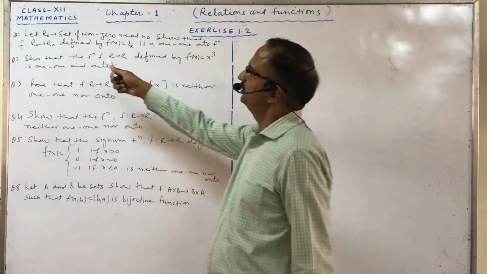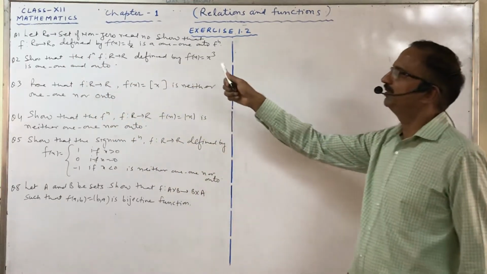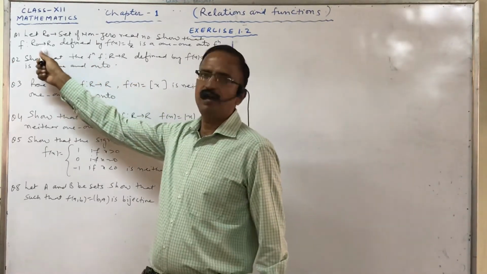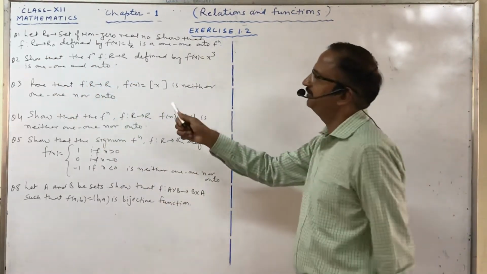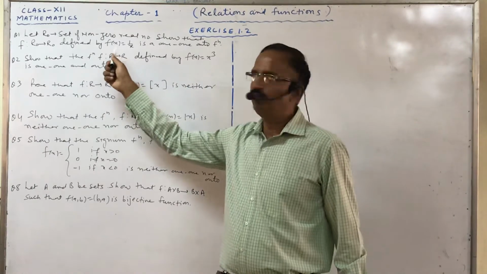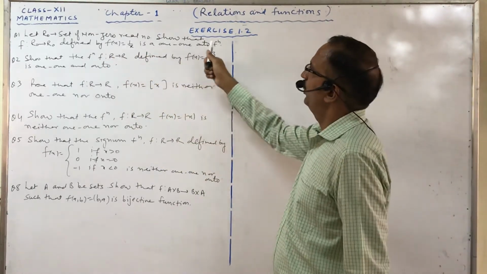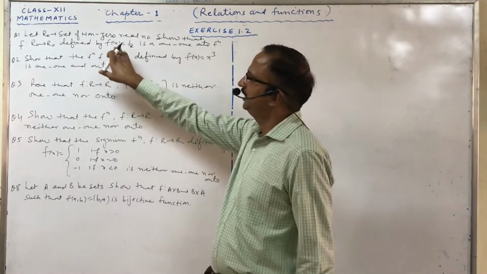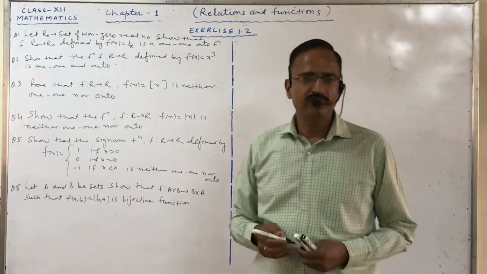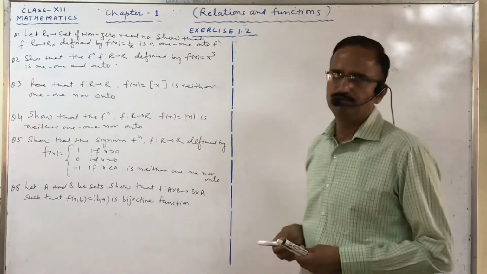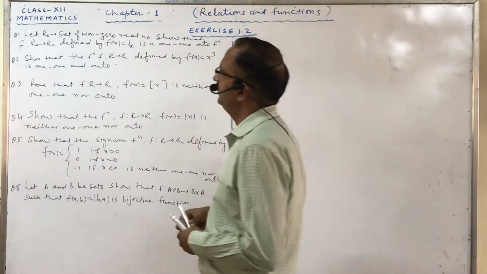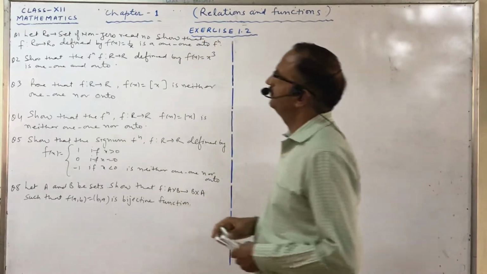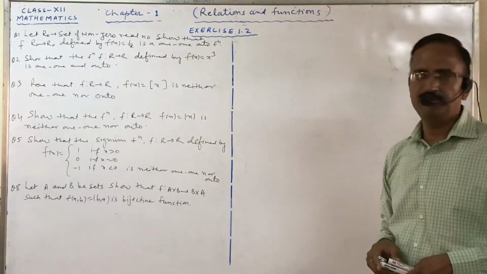Let R0 be the set of non-zero real numbers, then show that the function from R0 to R0 defined by f(x) equals 1 by x is a one-one onto function. We have to prove that this function is one-one as well as onto, and this is defined in R0, that is the set of non-zero real numbers.